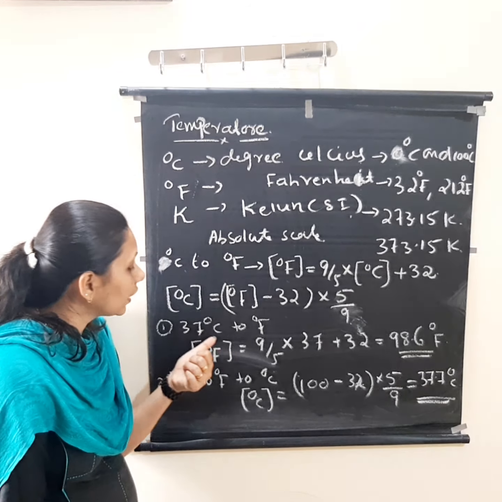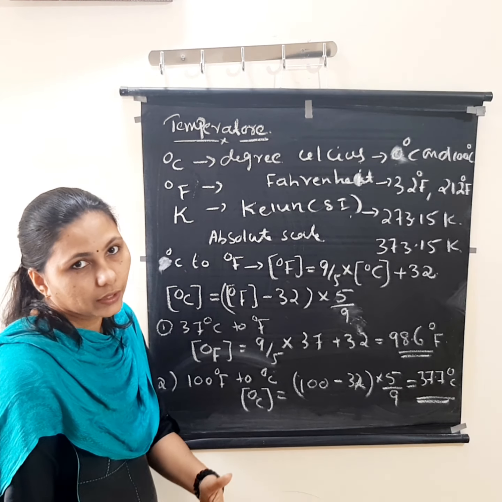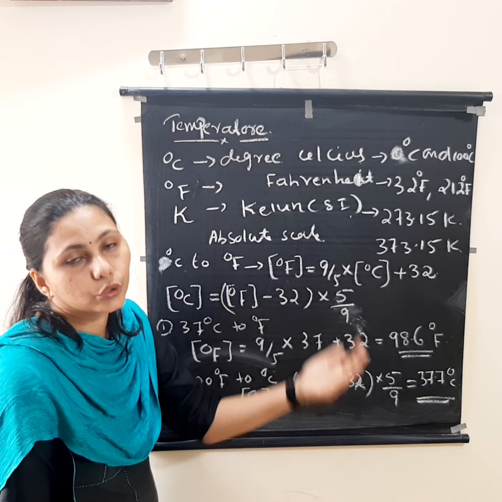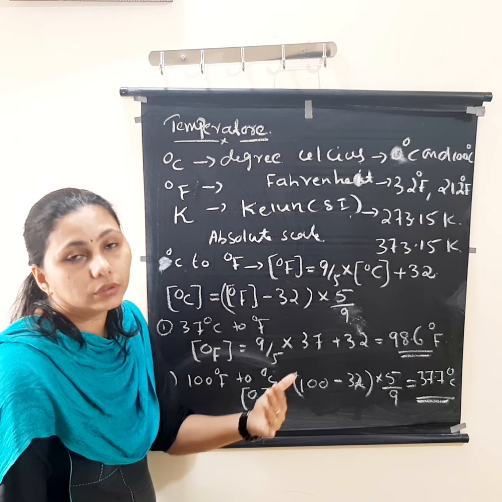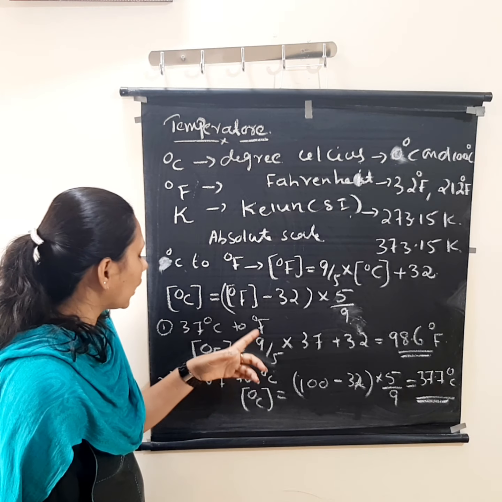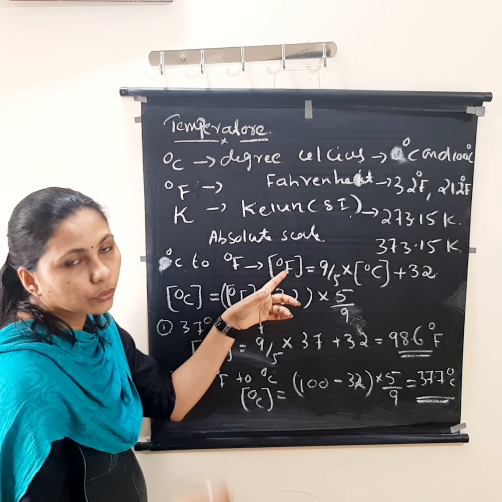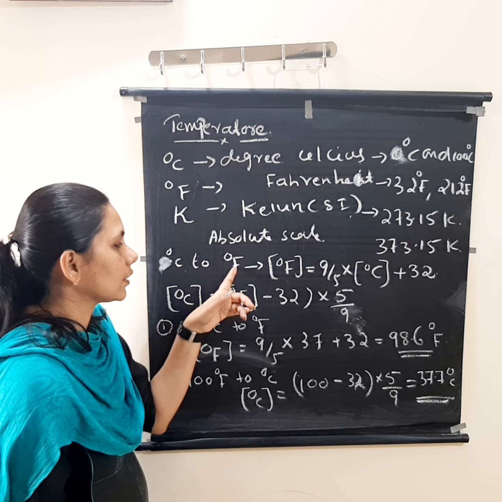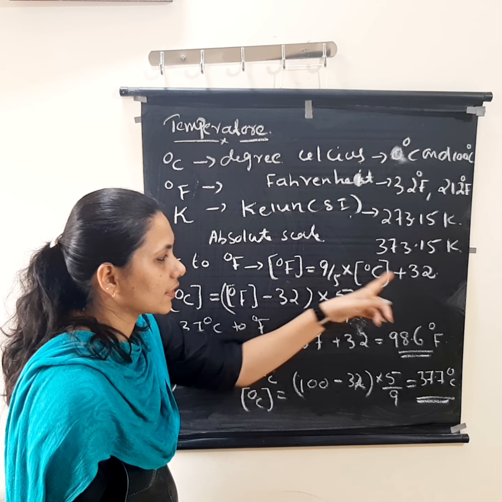Convert 37 degrees Celsius into Fahrenheit. 37 degrees Celsius is given. We have to know what 37 degrees Celsius means in Fahrenheit. The equation is: Fahrenheit equals 9 by 5 into degree Celsius plus 32.